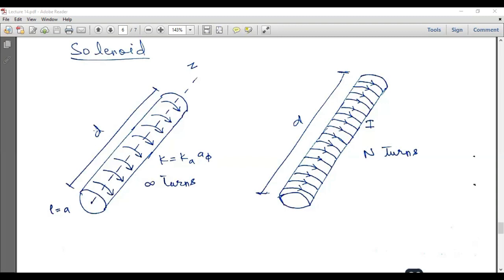The total current can be evaluated by multiplying this current density with the cylinder length d, because the current is distributed across the length of the solenoid, so I will be equal to K into d, right? And the radius of this solenoid is equal to a.